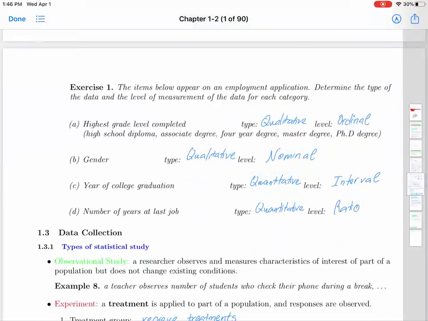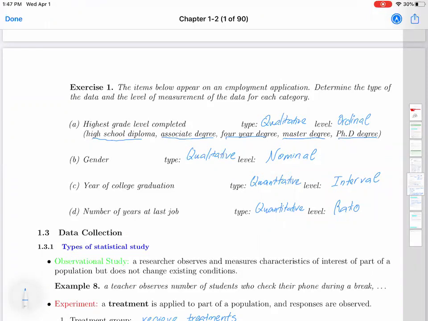they ask, what is the highest grade level completed? Possible options are a high school diploma, associate degree, a 4-year degree, a master's degree, or a PhD degree. So if you look at the possible responses for this question, these responses are non-numerical, right?